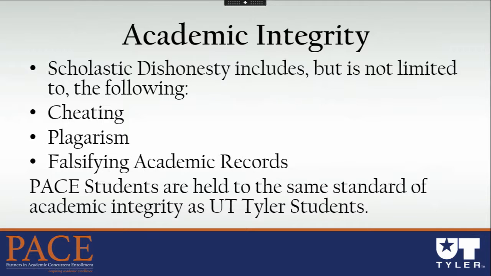Scholastic dishonesty includes, but is not limited to, statements, acts, or omissions related to applications for enrollment or the award of a degree and/or the submission as one's own work of material that is not one's own. As a general rule, scholastic dishonesty involves any of the following acts: cheating, plagiarism, collusion, and/or falsifying academic records. Students suspected of scholastic dishonesty are subject to disciplinary proceedings at UT Tyler.